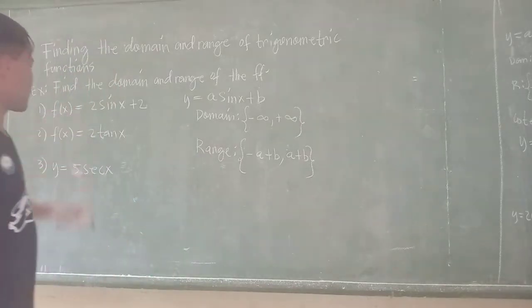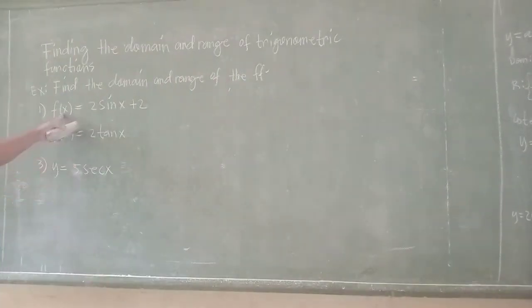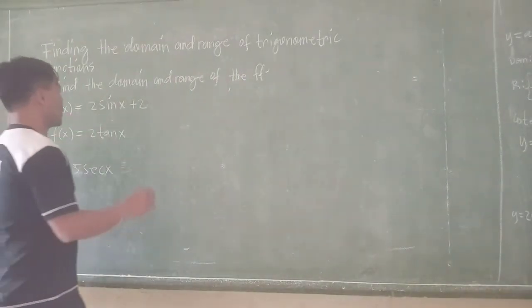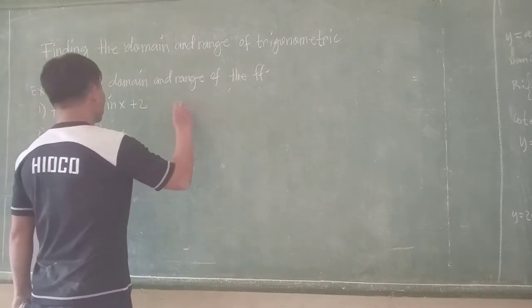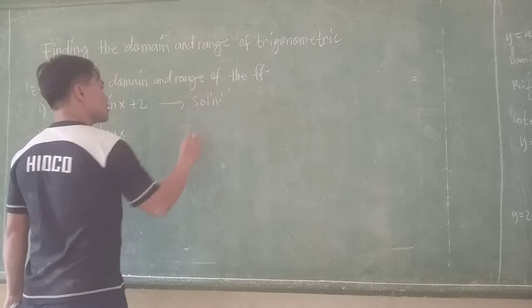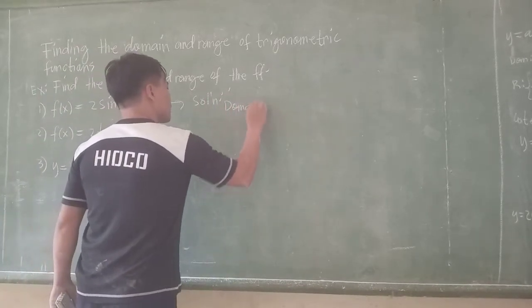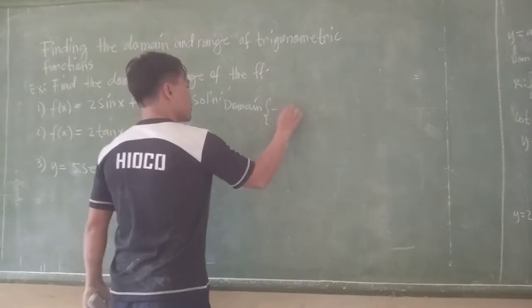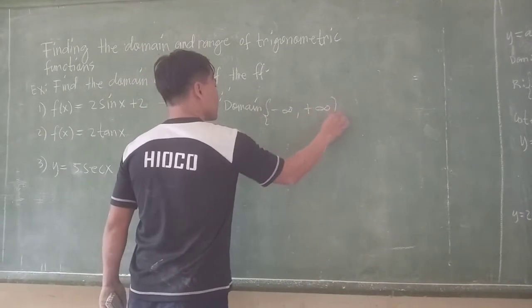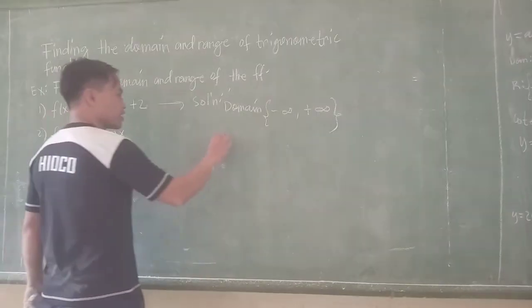So let us have the first example, number 1. Okay, we have the first example: f of x is equal to 2 sine of x plus 2. For the solution, the domain is just from negative infinity to positive infinity, the domain for the sine function.